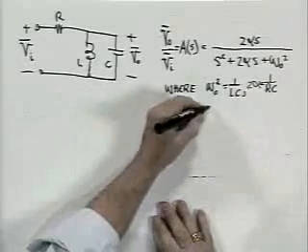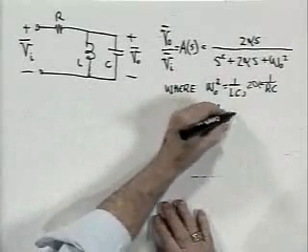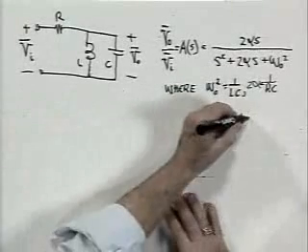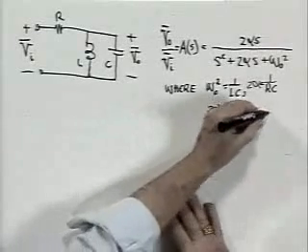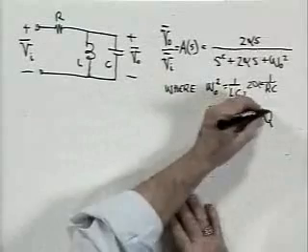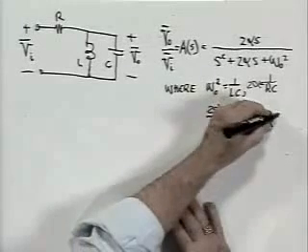The assumption that 2 alpha over omega naught equals 1/10, which was the assumption we made to draw that graph, corresponds to a Q. Q is omega naught over 2 alpha. If you remember the discussions of resonance, this is a Q of 10.